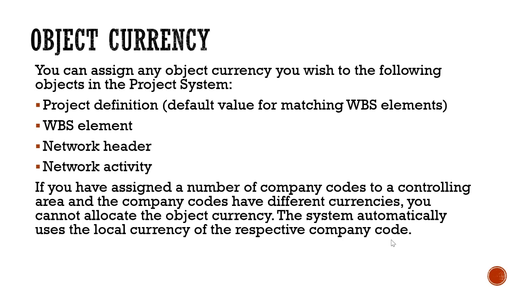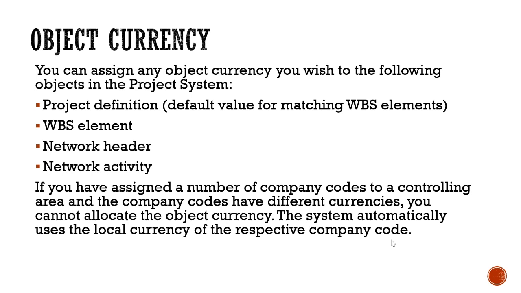For example, for controlling area 1000, I'm assigning company code 1010 Germany, and 1710 which is US America. Say for controlling area 1000, I'm assigning the Germany company code and also the US company code.